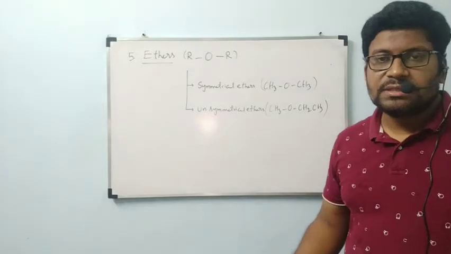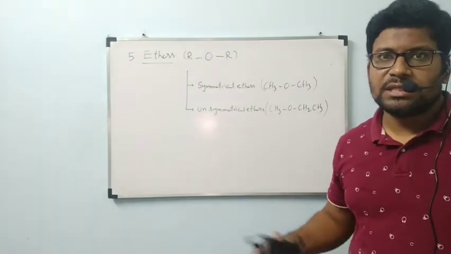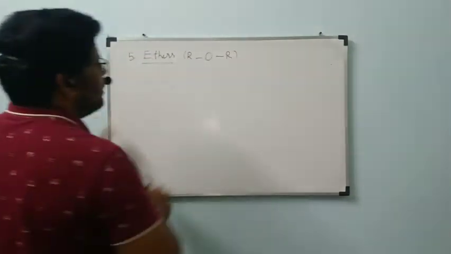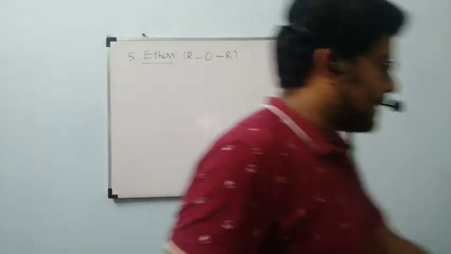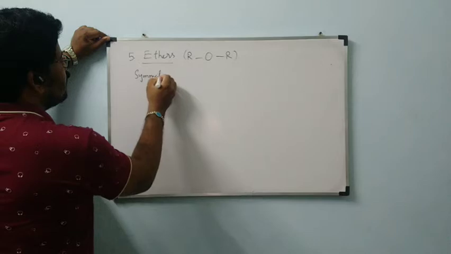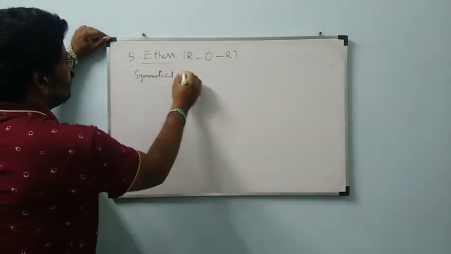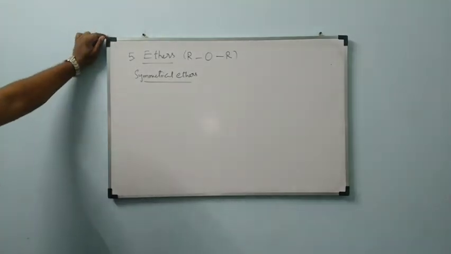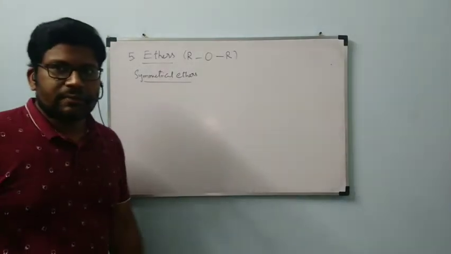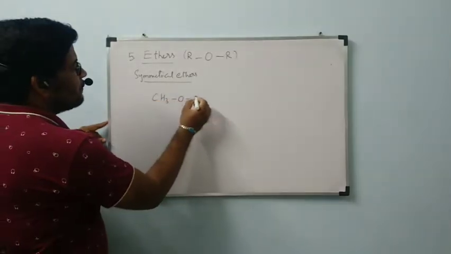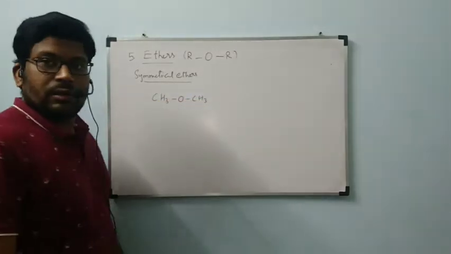In today's class, we will see how we are going to give the names of ethers. First, let us see symmetrical ethers. Symmetrical ethers must contain the same alkyl groups, for example CH3OCH3.